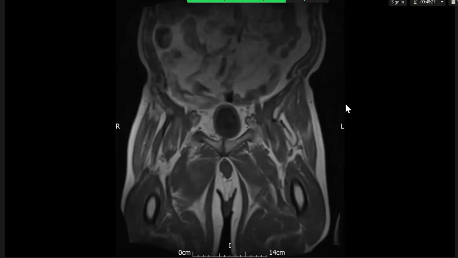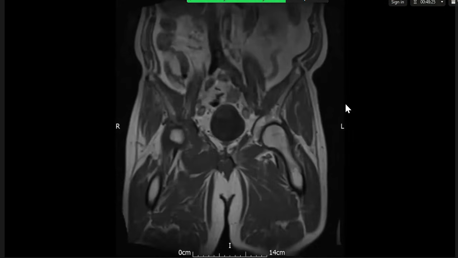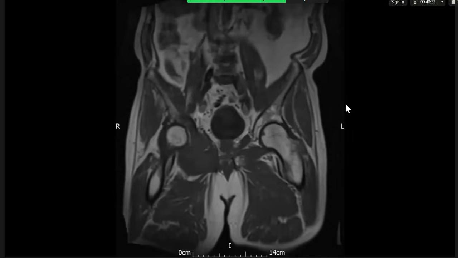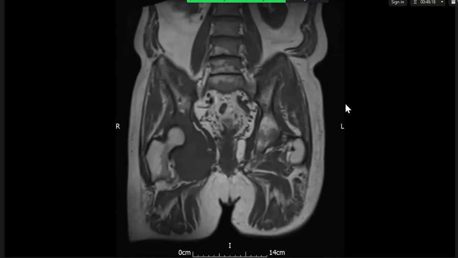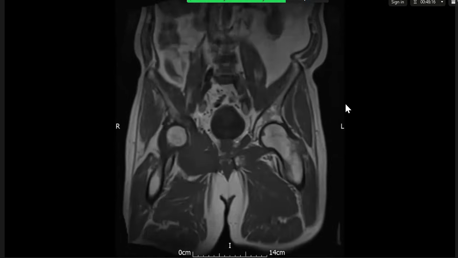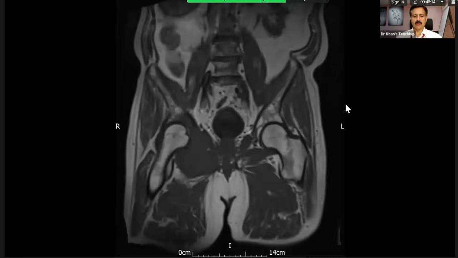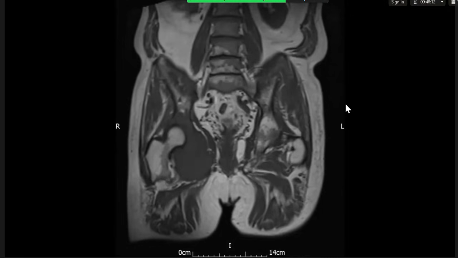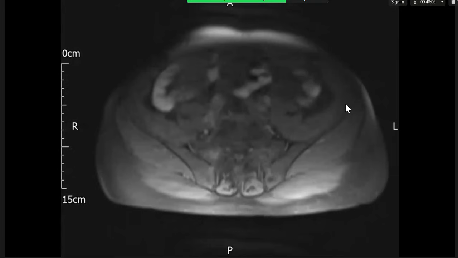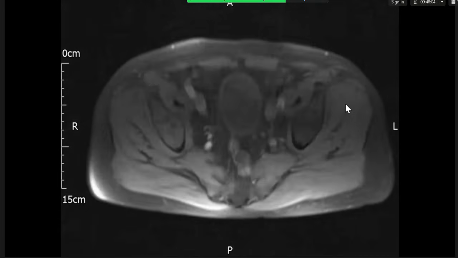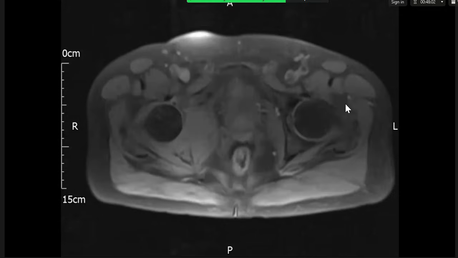So this will be presumably T1 post-contrast. No, still a T1, right? Yeah, it's just T1, so it's T1 coronal. Please continue to the next series. Okay, the lesion is isointense to muscle on T1, and this is a post-contrast T1.